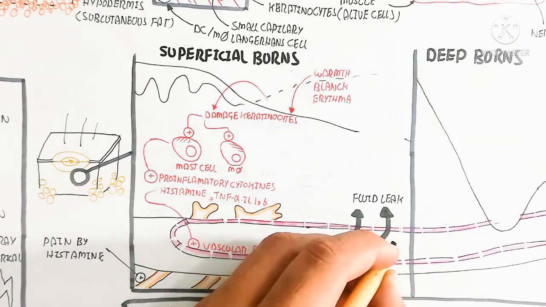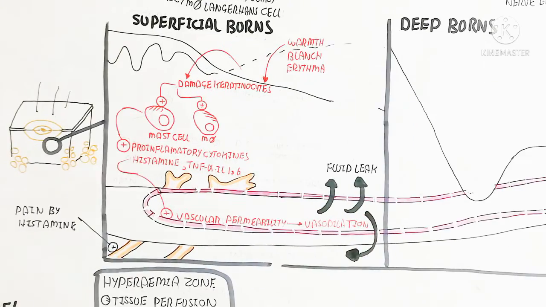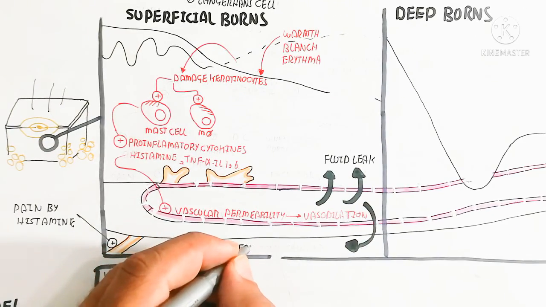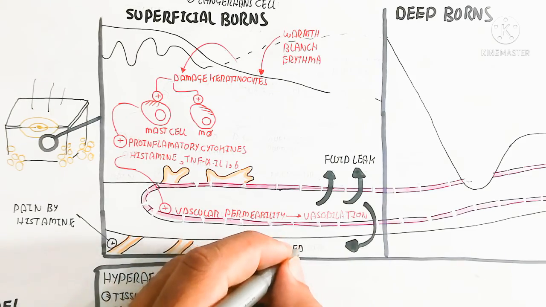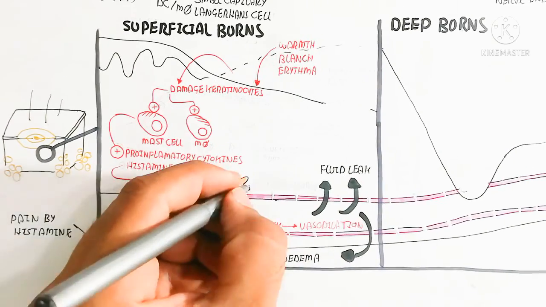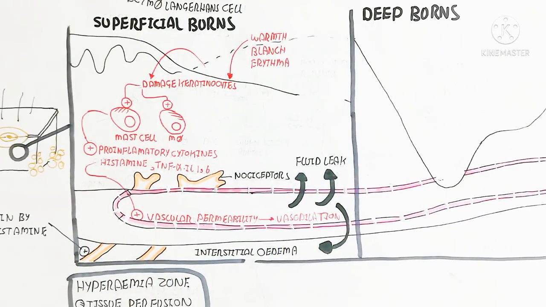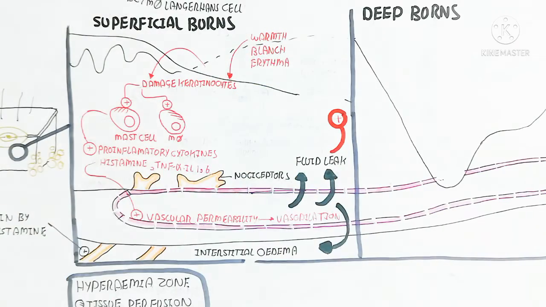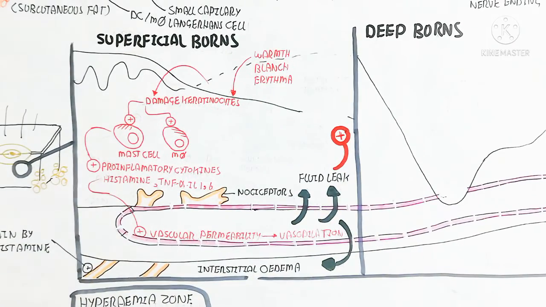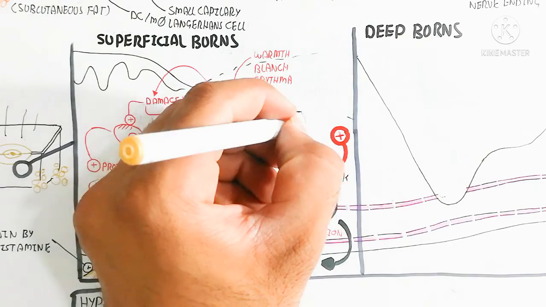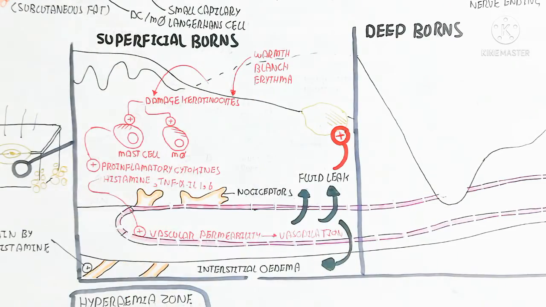Here you can see the pain caused by histamine due to contact with the nociceptors, the free nerve endings, which leads to increased pain. When fluid leaks due to vasodilation and increased vascular permeability, it leads to interstitial edema.